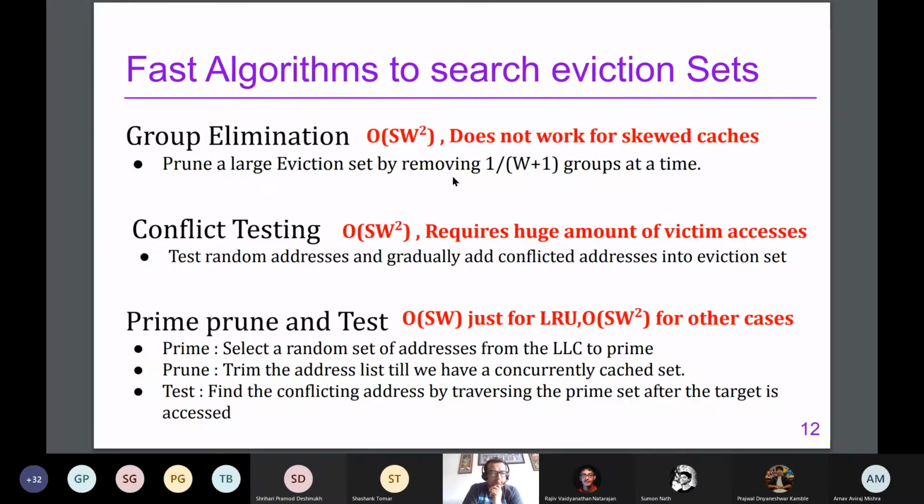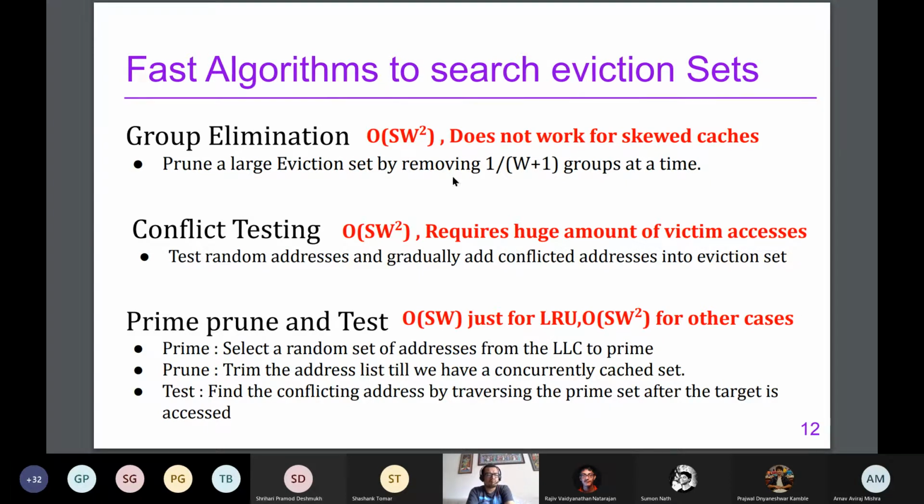So here I'm just displaying the time complexity of the three algorithms. By experimentation, we have found that group elimination doesn't work on the skewed caches, because the number of false negatives is very high when we are group eliminating, because of the randomization happening on the cache side.